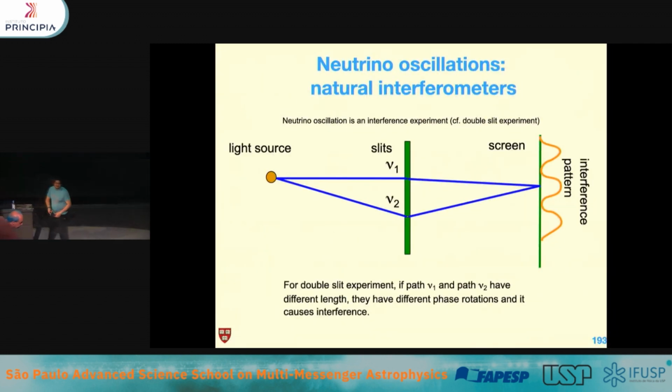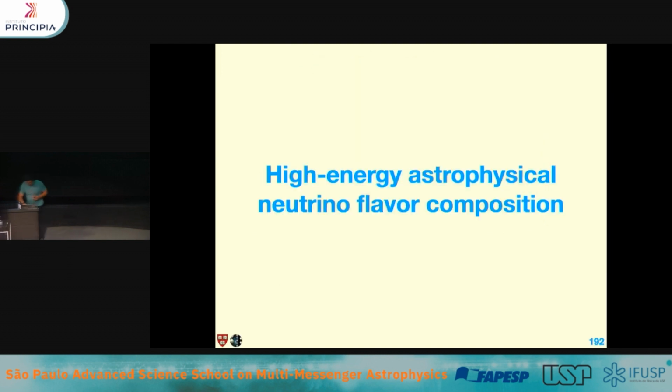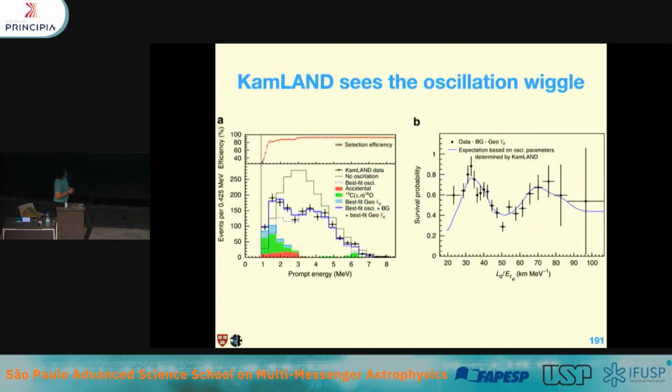Oh yeah, somebody had a question. In the previous slide, what is the data? The data here are electron neutrinos detected by a reactor neutrino experiment in Japan called KamLAND. It detects neutrinos through a process known as inverse beta decay.